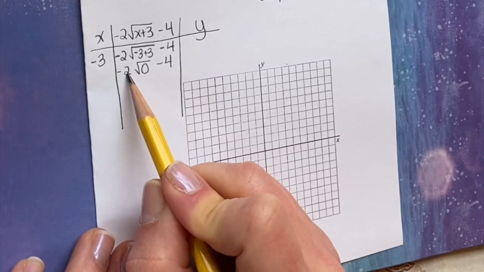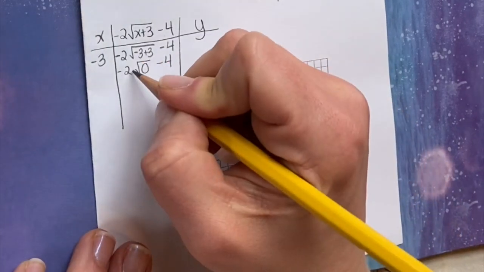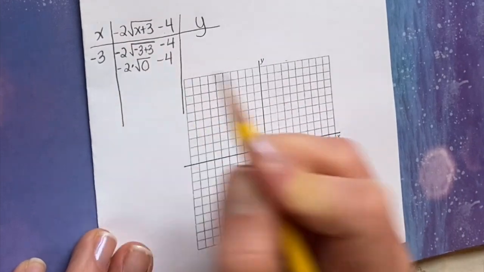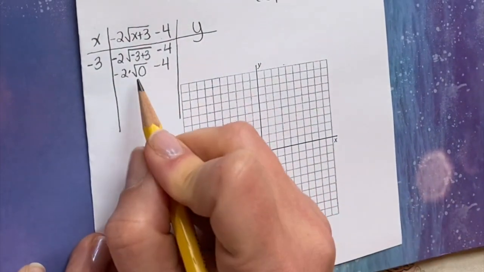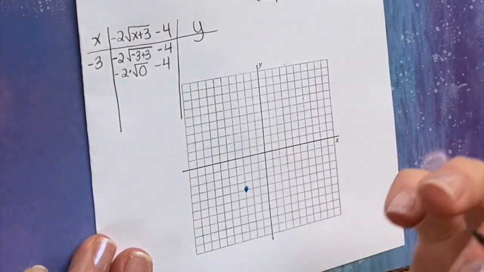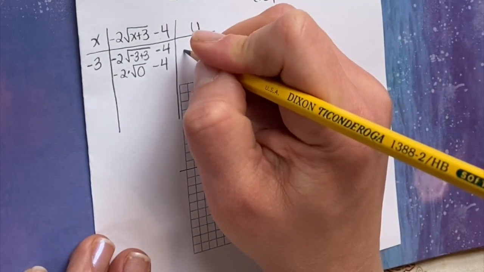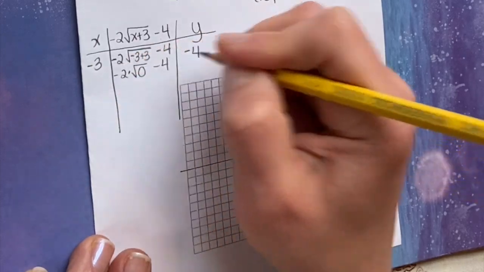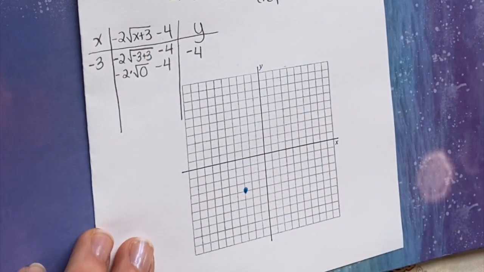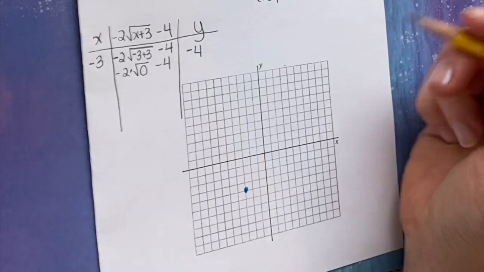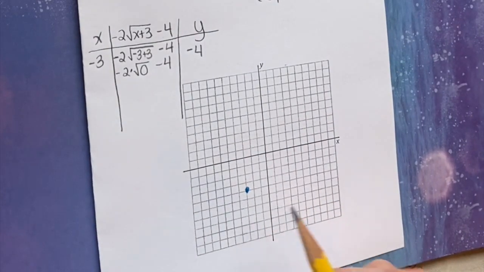So 0 times -2, remember multiplication is in between here, multiplication comes next. 0 times -2 is 0. So 0 minus 4, so notice we get our y value of our endpoint. And that should happen, right? Those should match up.